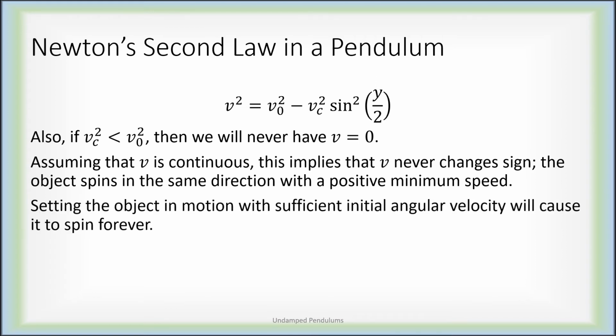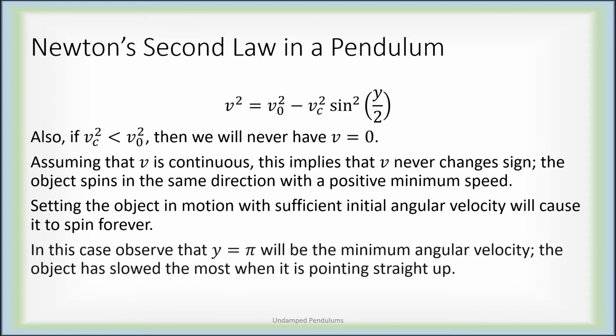That's to say, if you make the initial angular velocity big enough, it will simply spin in the same direction forever and ever. Also observe that your minimum angular velocity will happen when sine squared of y over 2 is as big as possible. In other words, if y is pi, because then the sine of pi over 2 is 1. That's as big as this can possibly get.